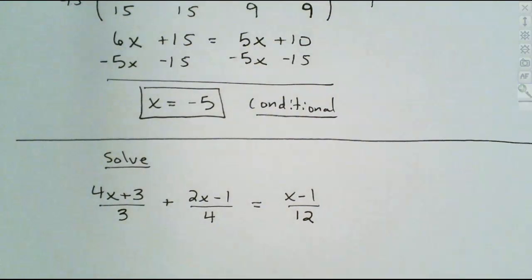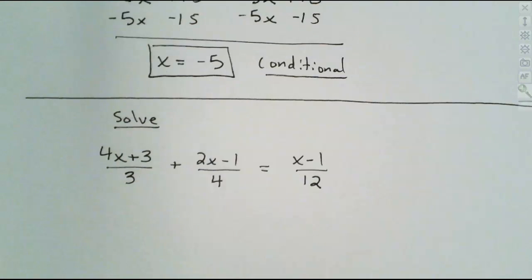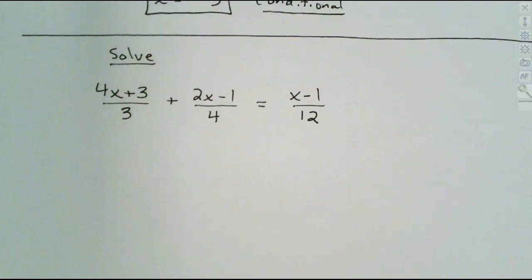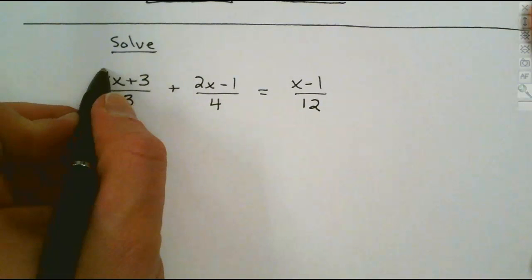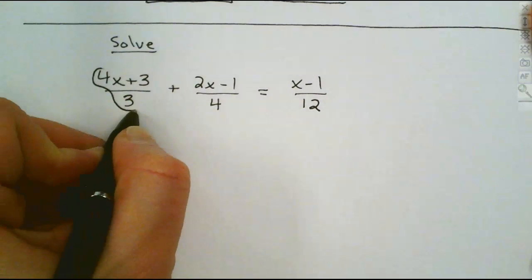So let's try to work out this one. This one is no more difficult than any of the others. It looks a little bit different though. Now, what we're going to do is we're going to separate them out into individual fractions. Then we're going to clear the fractions. So we're going to take our first part here, and this actually has 2 fractions in it.